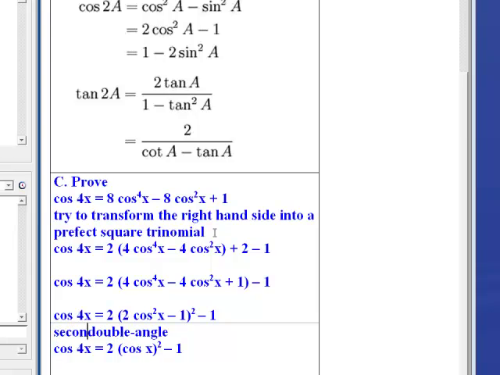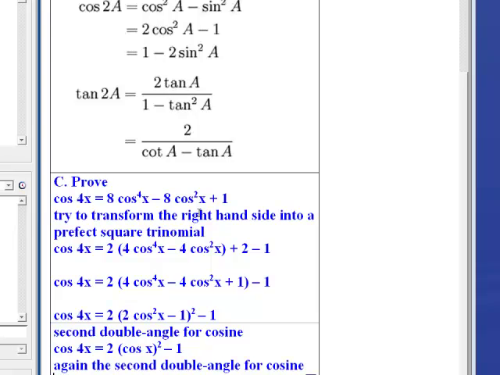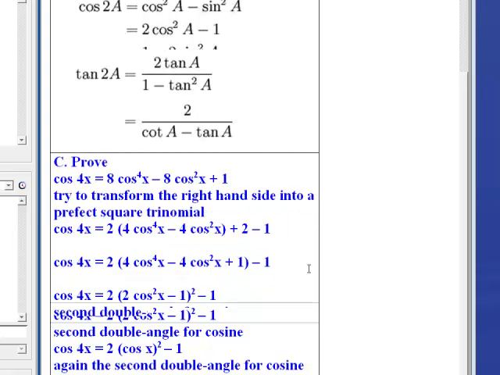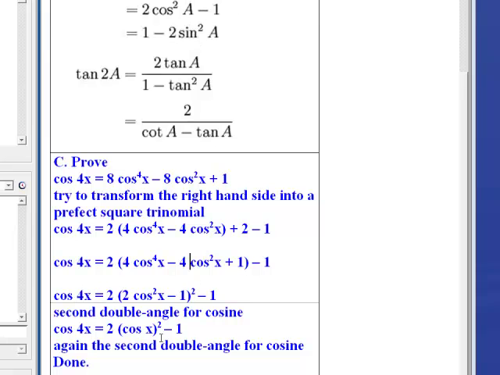So this one here is the second double angle identity for cosine, and this one is again the second double angle identity for cosine, and we're indeed done. Oh, I did make a mistake though. Right there, 2 cosine squared minus 1 becomes, from the identity, cosine 2x. I forgot that 2 there, right there.